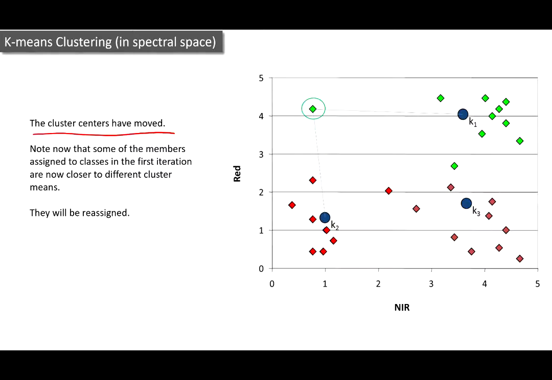So the cluster centers have moved, and we're seeing that movement, and now we have the next part of the iteration. We have a reclassification based on these new cluster mean centers. This pixel used to belong to K1, but now it's actually going to be closer to K2.